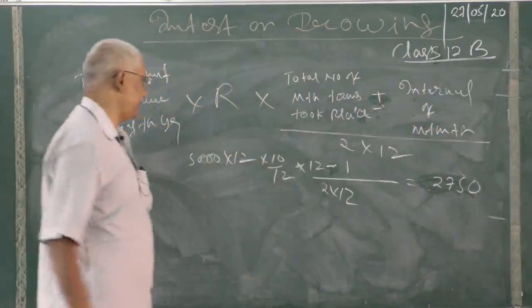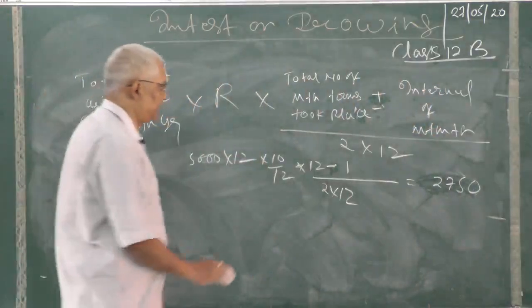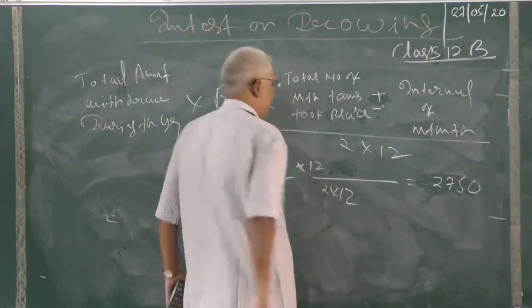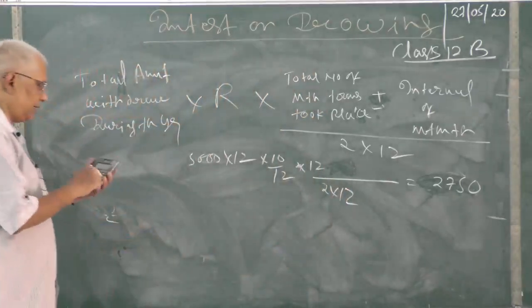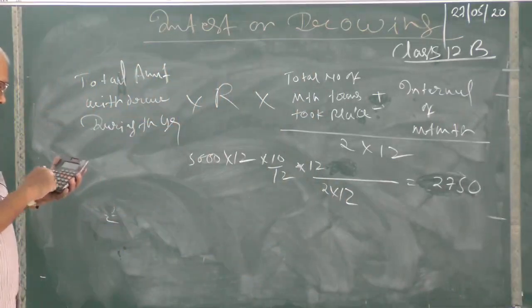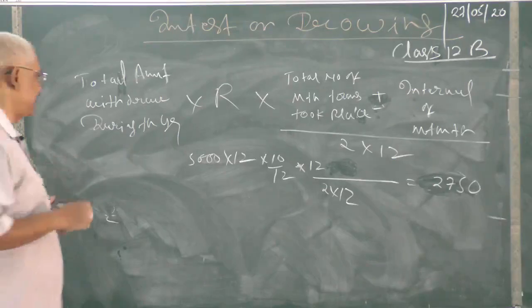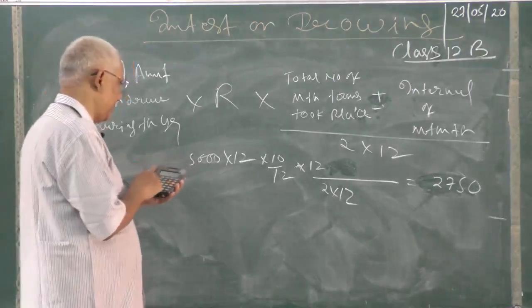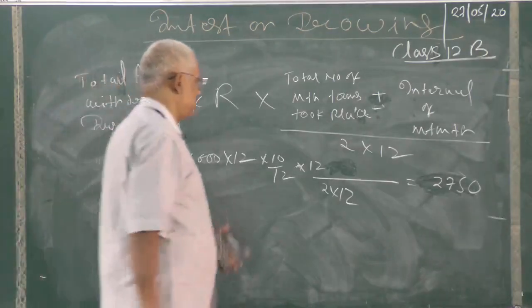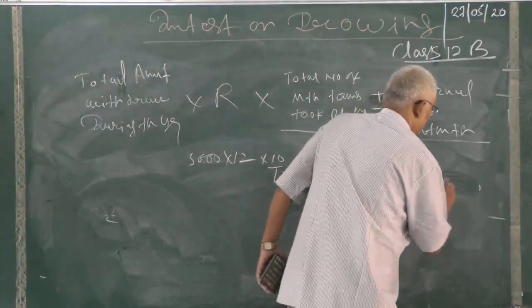If the 5,000 is withdrawn in the middle of every month, there will be no plus or minus, only the 12. Then the answer will be 60,000 into 10% into 12 divided by 24, equal to how much? It is 3,000.